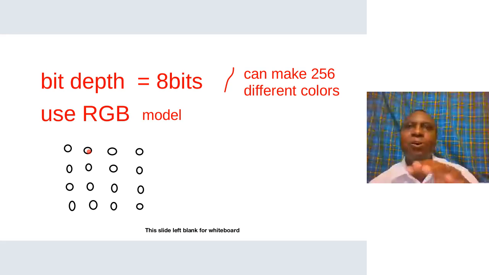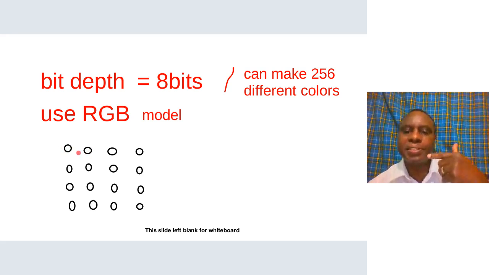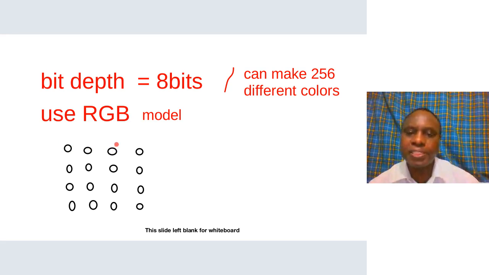So if you use 8 bits for coding your pixels, each will be 8 bits. The first one will be 8, the next one will be 8, the next one will be 8, the next one will be 8.